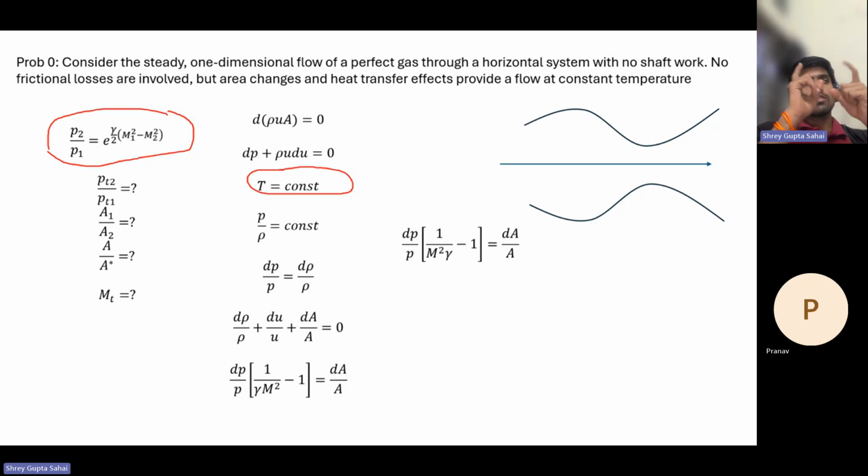Pressure changes with area this much. Let me substitute this thing.